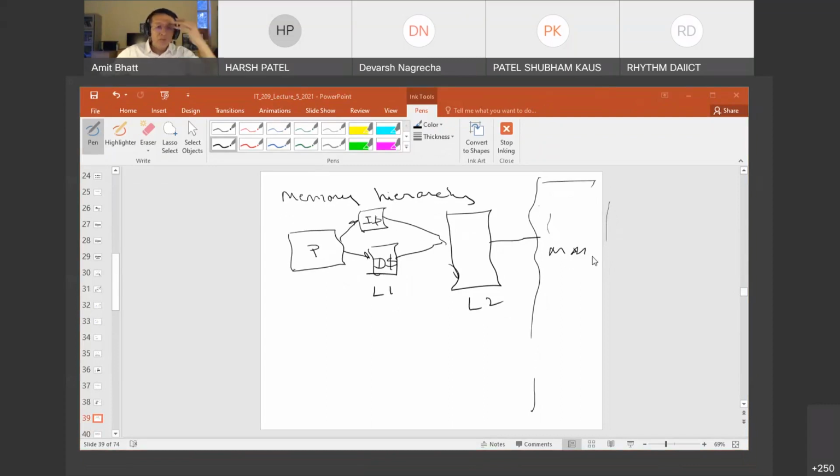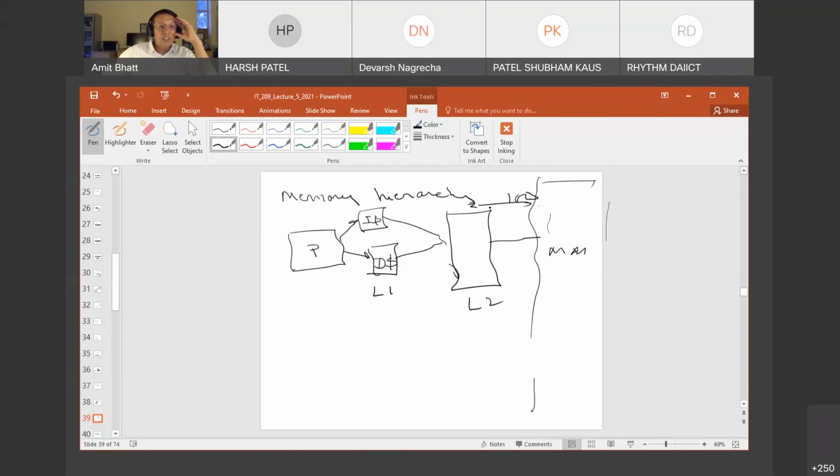But the problem is, if you find it here, you can do it in one cycle, but if you go here, it will take 10 cycles. And if you go here, it may take 100 cycles, just suppose. So this is like 100 cycles to go from here to here.